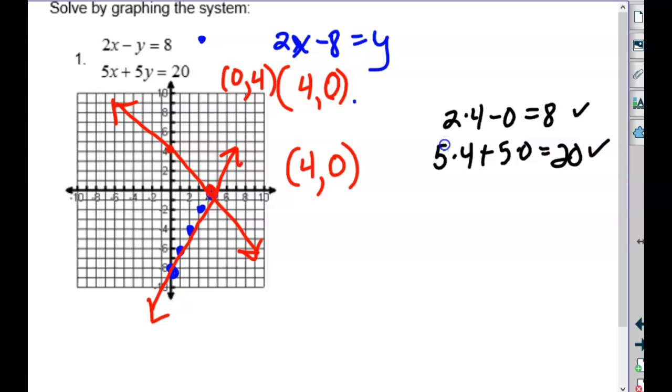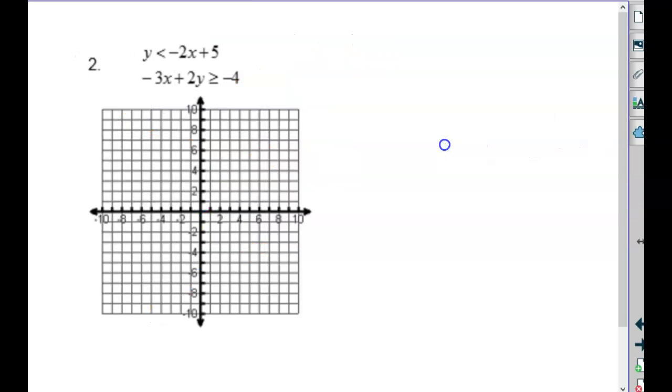Go fix it. Okay, what's different about this question? The first one is nicely solved for y. Down 2 and over 1 is the slope. Solid or dotted, though, or dashed? It is a dashed line because it does not have the or equal to.